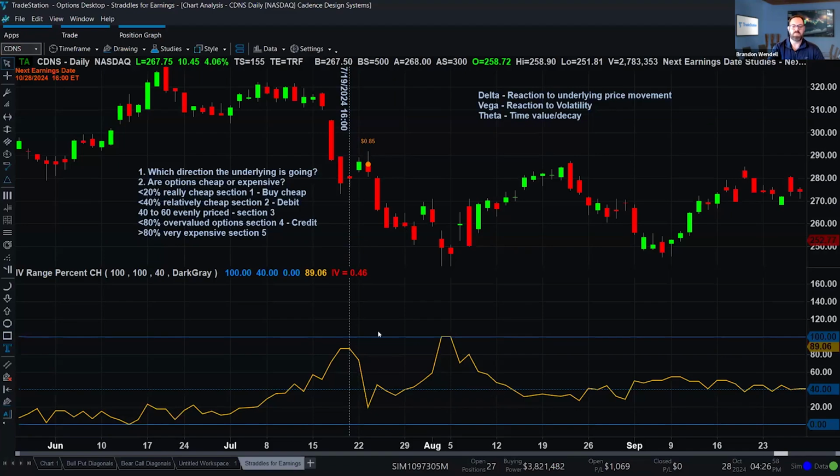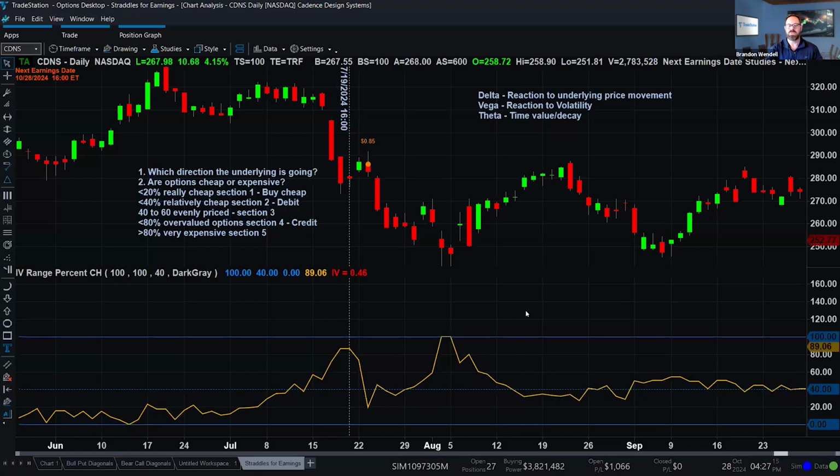So you typically want to buy when volatility is low, and you typically want to sell when volatility is high. Why? Because regardless of the direction, when the volatility changes, Vega is typically one of the greatest impacts on the value of options compared to all the other Greeks combined.